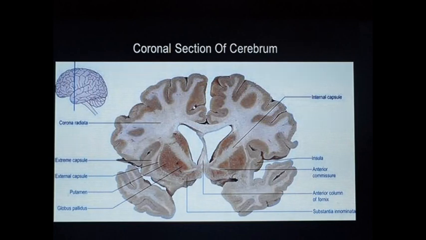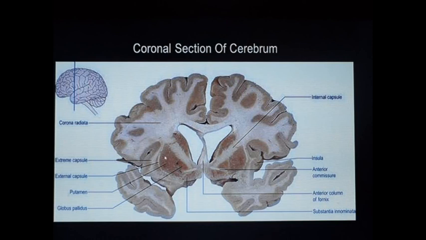This is the coronal section of the brain, taken just behind the temporal pole, and the cavities are the lateral ventricles. The roof of the lateral ventricle is formed by the corpus callosum, and this is the median longitudinal fissure separating the two cerebral hemispheres, and columns of the fornix are seen separating the lateral ventricles.